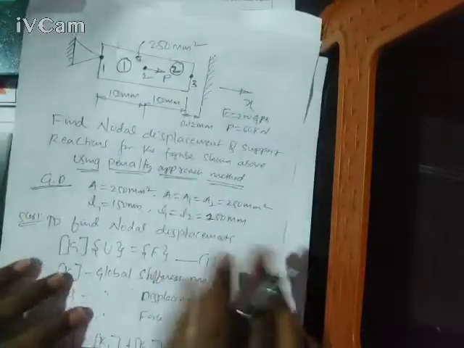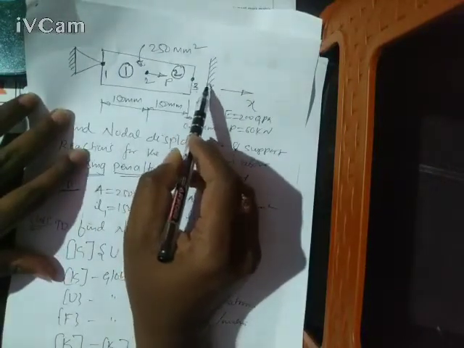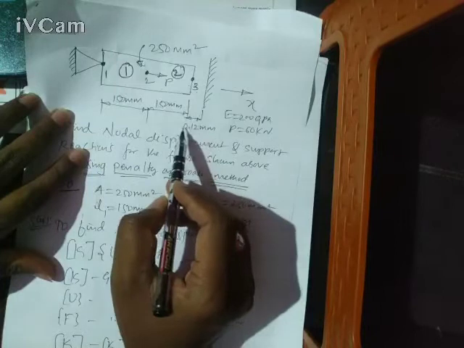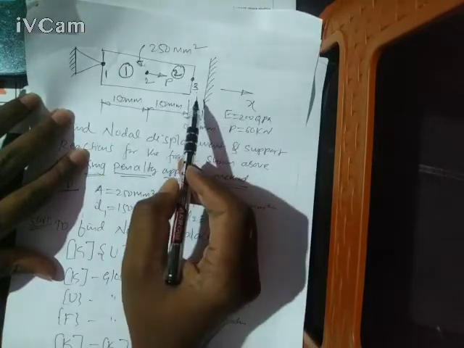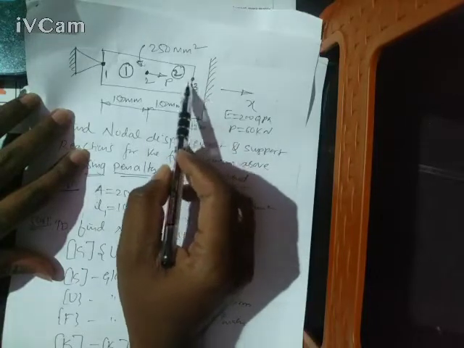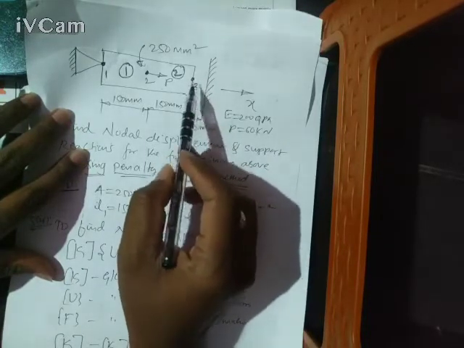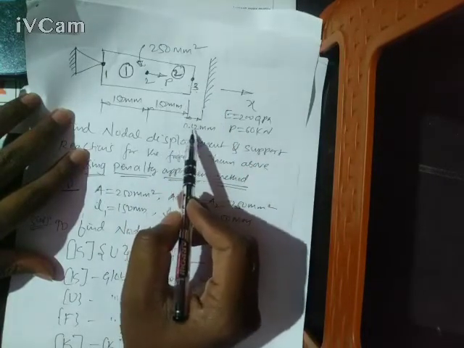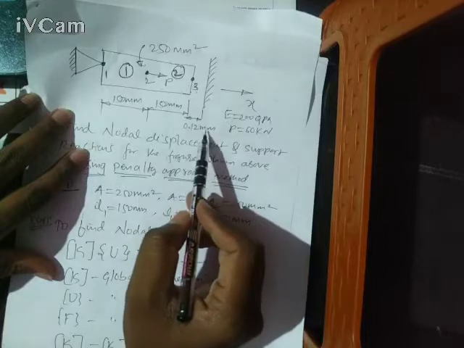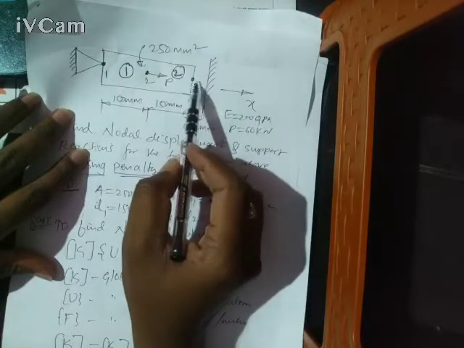In this problem, node 3 is fixed after a certain distance of 0.12 mm. Hence, in this case, F3 cannot be 0. F3 will not be 0 in this case. Why? Because this node 3 is fixed after 0.12 mm distance. So that is the reason at node 3 the force value will not be 0.